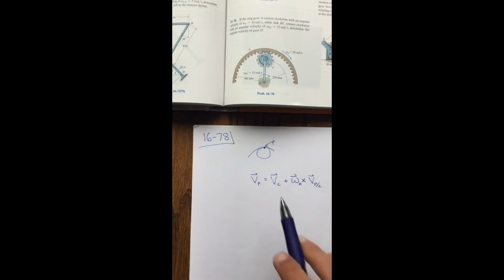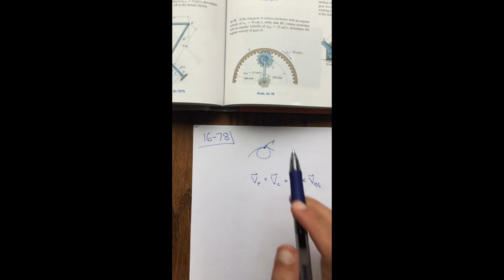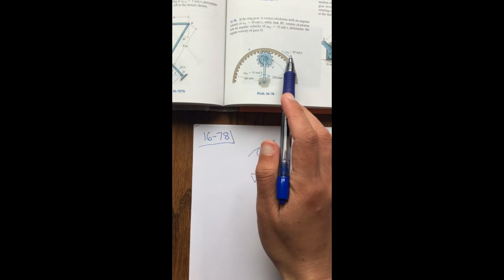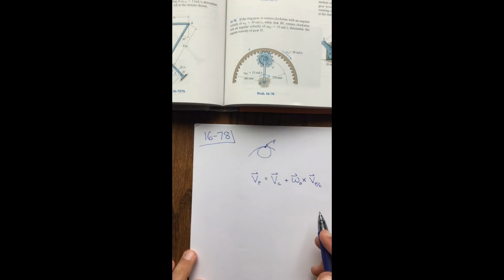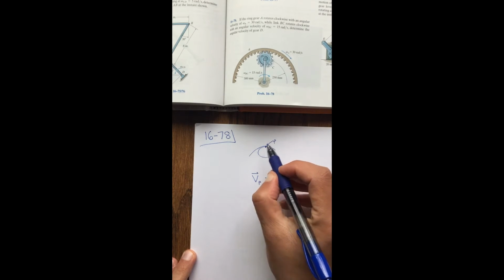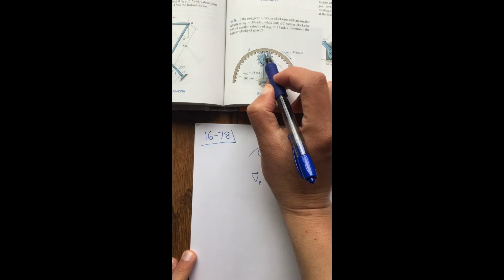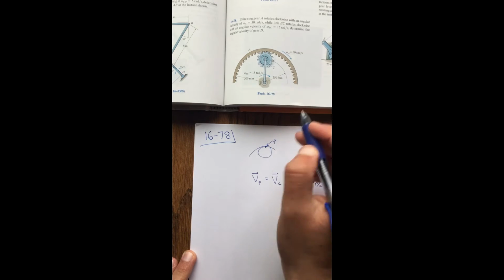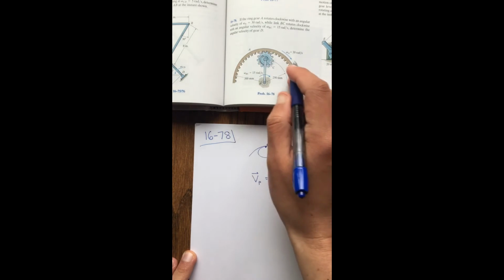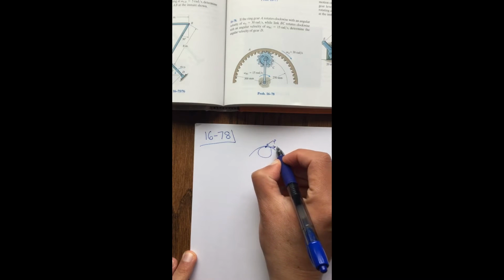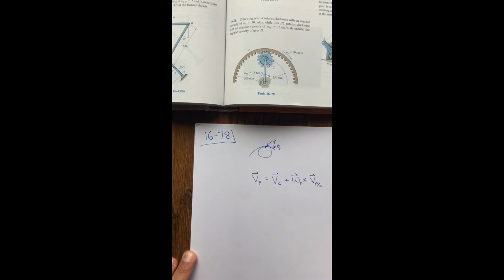So now I need to know the velocity of point P and also the velocity of point C. Well, they give me the angular velocity of BC and the angular velocity of A, so I should be able to do that. If this point P is on one of the teeth from gear A, which is right here, gear A is rotating this way, so the velocity of point P would be in the positive x direction.